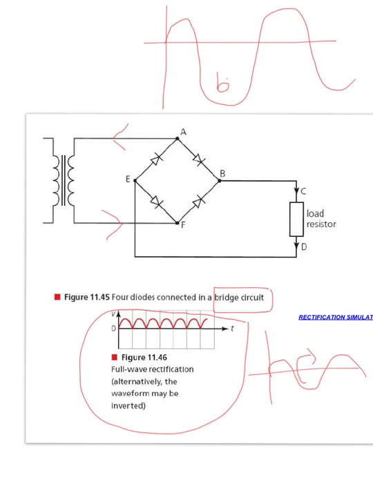As you can see, the 2 diodes that it used before no longer allow the current to flow. So luckily there's another 2 diodes, F to B, which will allow the current to flow through here, and then E to A. Okay, so you will end up with a continuous flow of current.